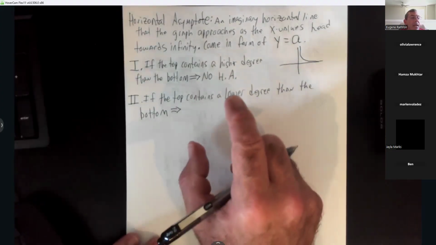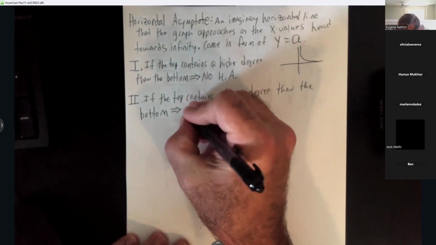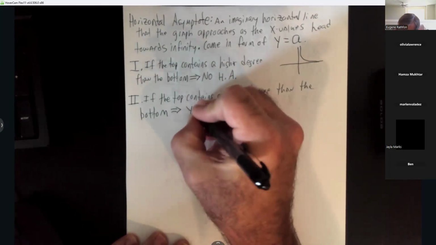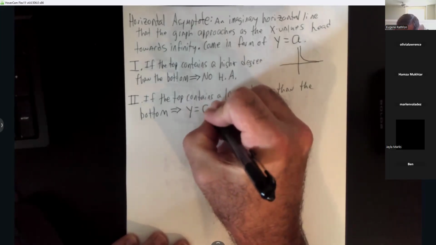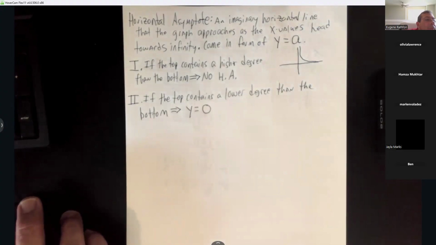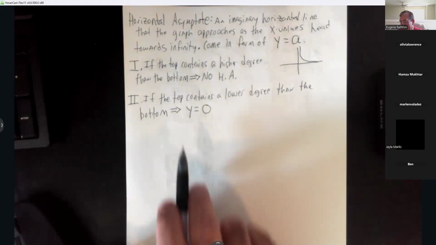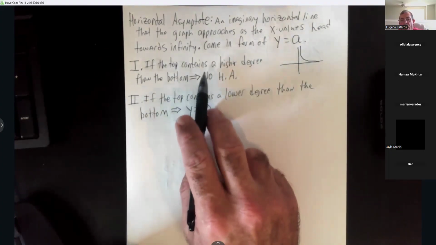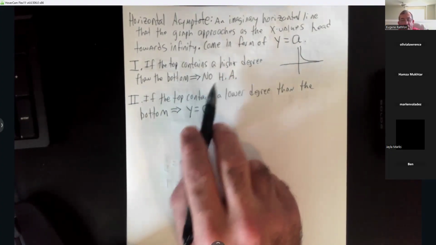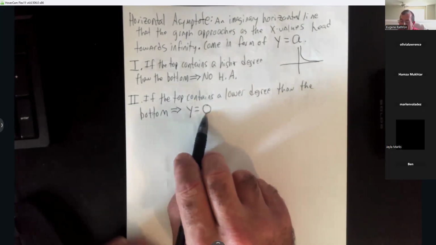If that's the case, then it'll be y equals 0, okay? Alrighty. So top higher degree, no asymptote. Bottom a higher degree, y equals 0.